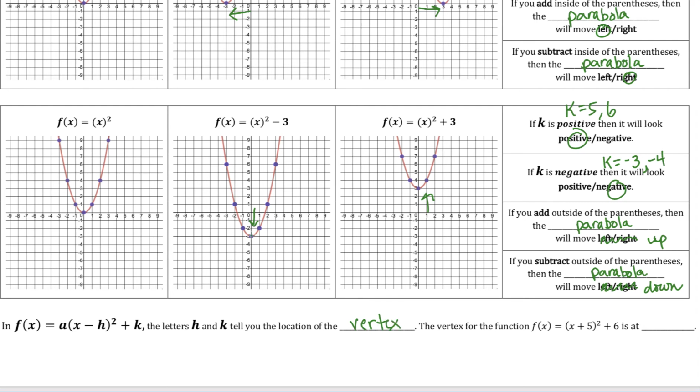Remember that this is your vertex here, this is your vertex here, this is your vertex here. For instance, this one says x plus 5, but remember, this is the opposite of what it looks like, so this actually is negative 5. And this plus 6 is exactly what it looks like. It's just a regular 6.